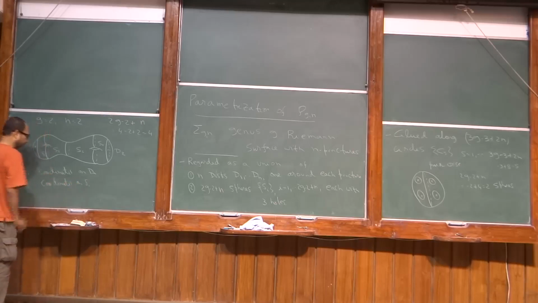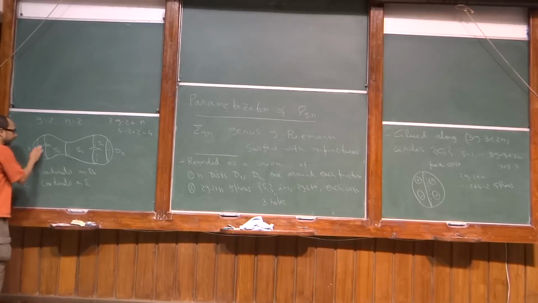We don't have to choose any particular coordinate. Any coordinate system that covers the SI's, not the full SI but the SI's of the holes, in a one-to-one fashion, and WA's are any coordinate system that parameterizes the disk in a one-to-one fashion. Okay, what happens outside the disk is not visible here.